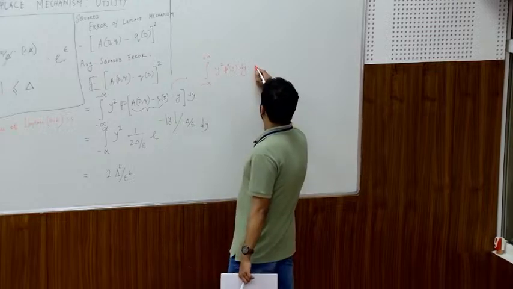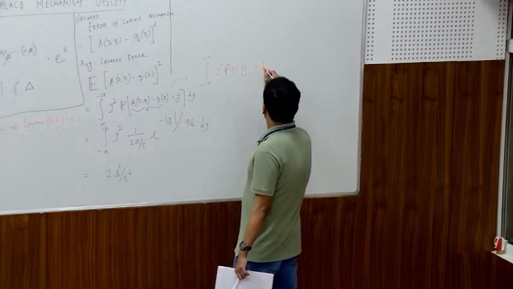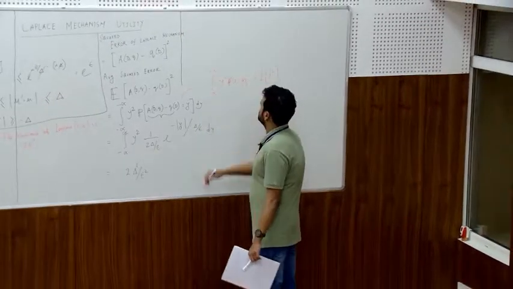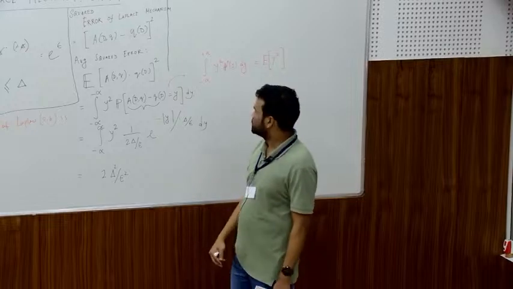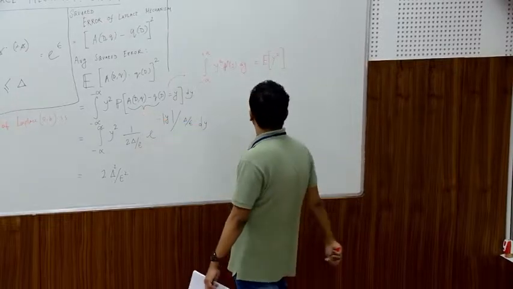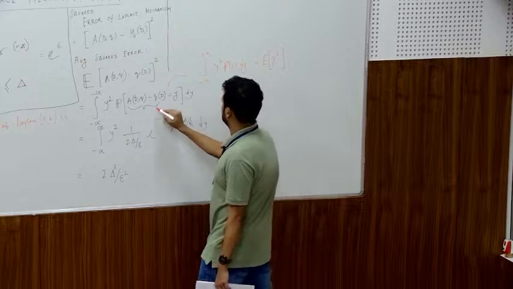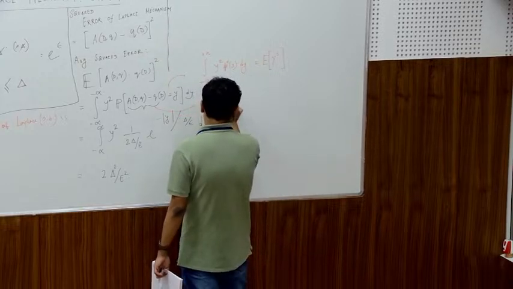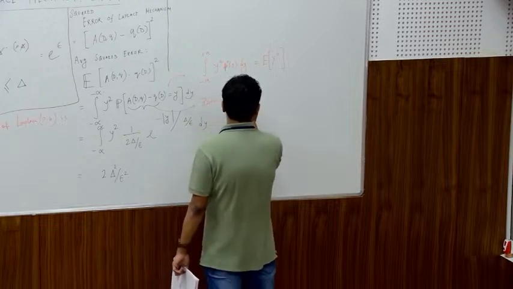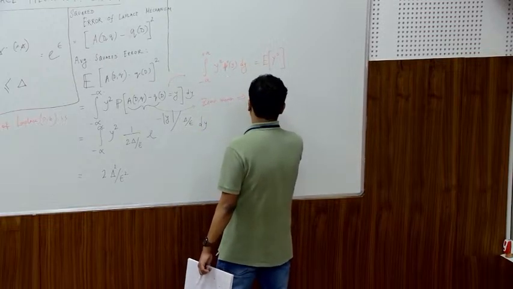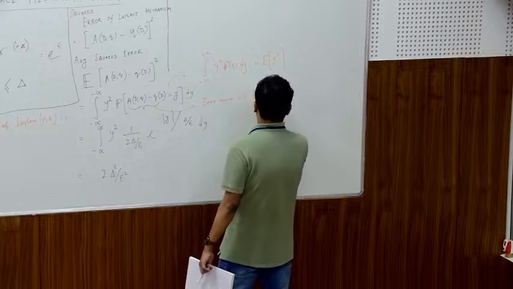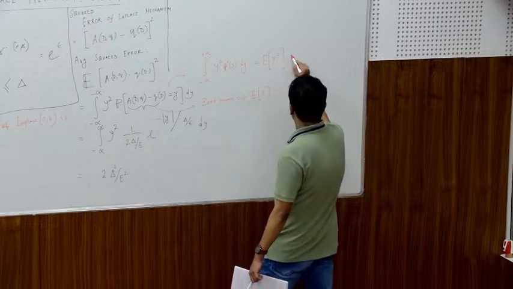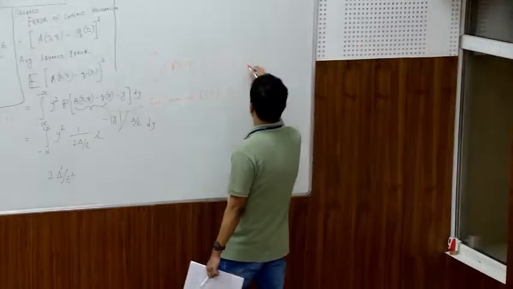This is the expected value of y square, computed under this Laplace distribution. And since this is a zero mean random variable, the expected value of y is 0.